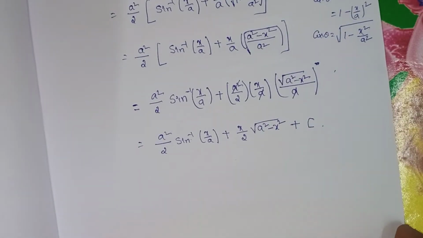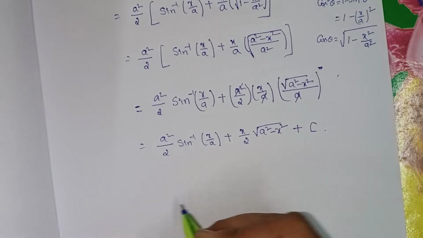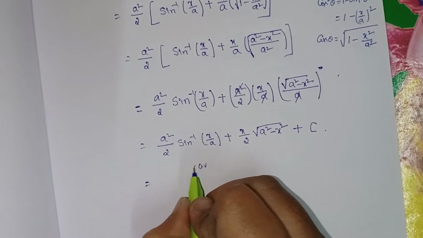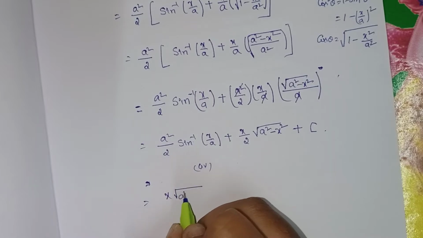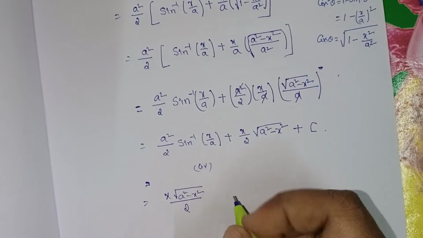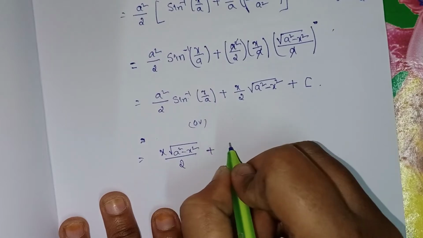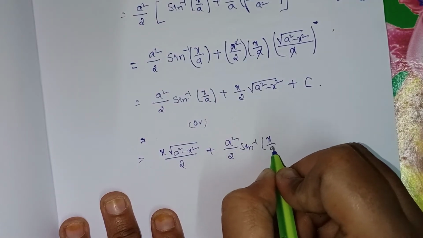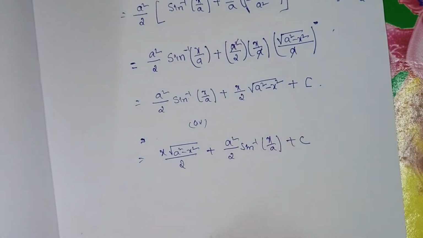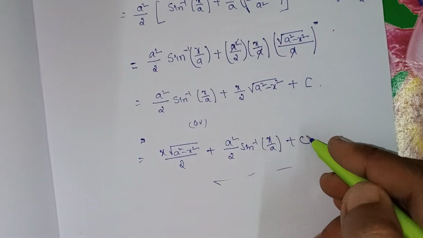Or you can write x into square root of a square minus x square by 2, plus a square by 2 into sin inverse of x by a, plus integral constant. Okay, both are same, beta.